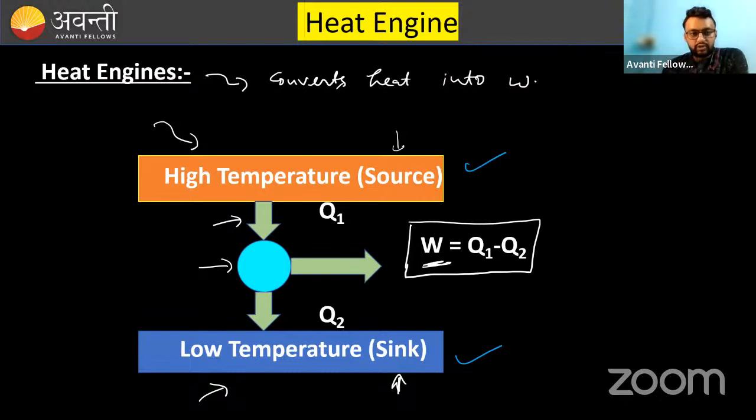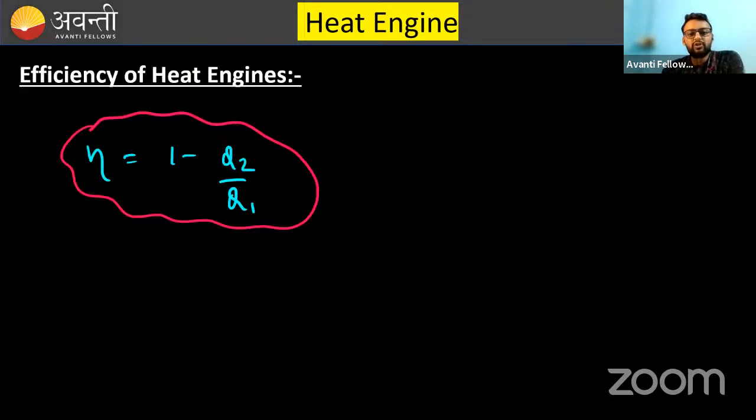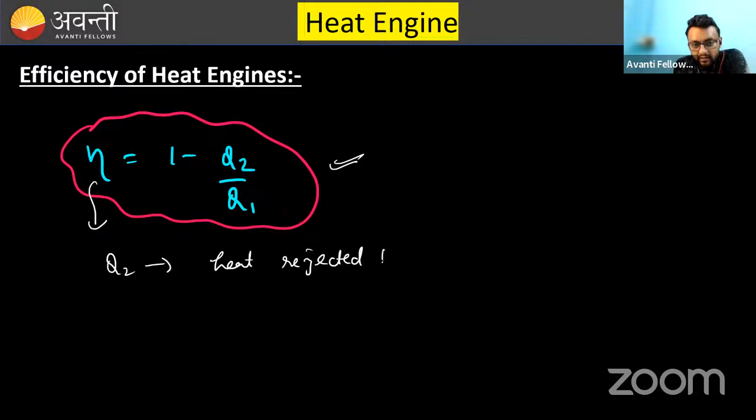Another thing, the most important thing: what is the efficiency of a heat engine? The efficiency is represented by eta, and it is given as 1 minus Q2 by Q1. You should remember that Q2 is the heat rejected to the sink, and Q1 is the heat taken from the source.